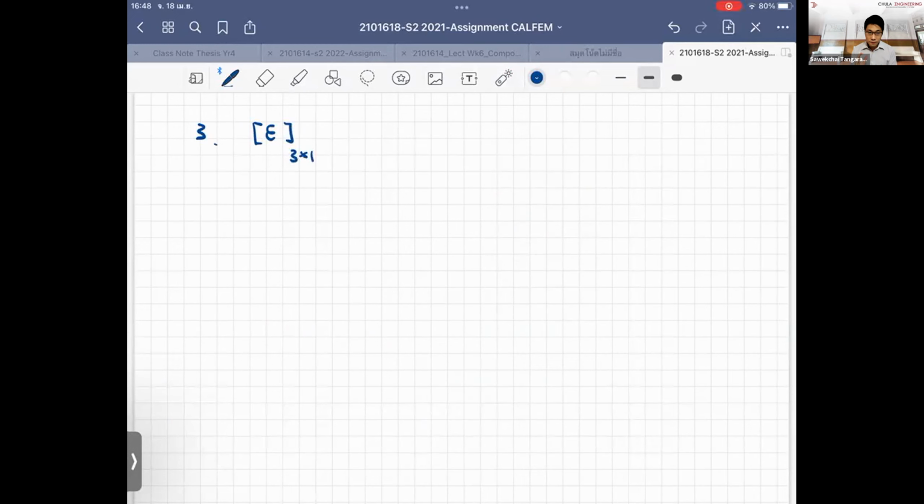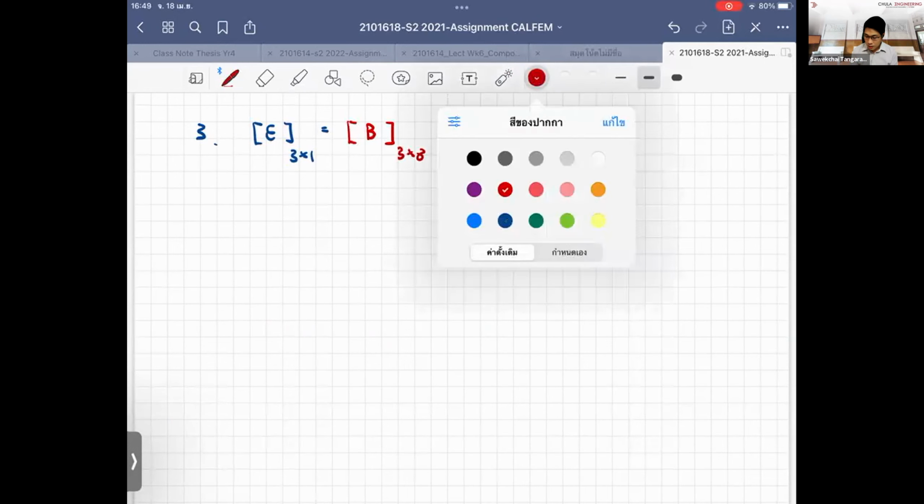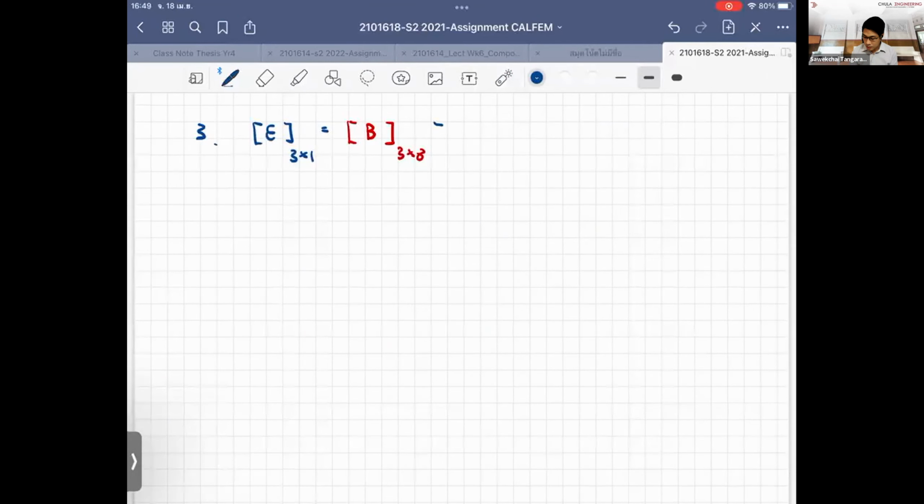Each element has 3 strain values. So we have the B matrix times the displacement. To obtain this, I just try to expand the forms to be large, so that's why I have epsilon xx. I have to write it small.